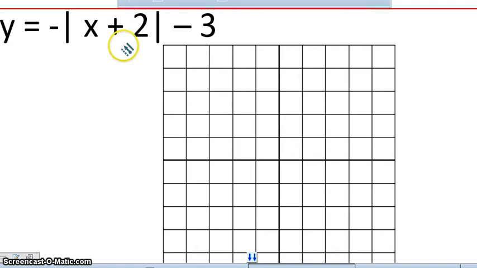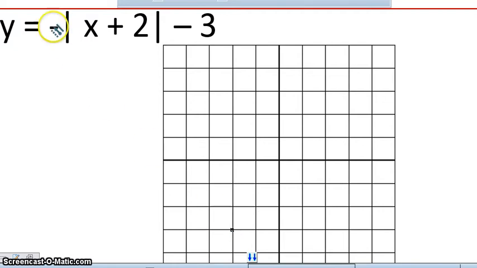Okay, let's do another one here. This one's got which way 2 and which way 3? You go ahead and pause this video and check it out for yourself. Okay, hopefully you just unpaused it and you should get an answer of left 2, down 3. So there's where my vertex is at, right there.